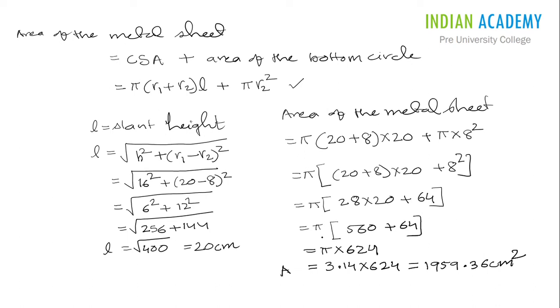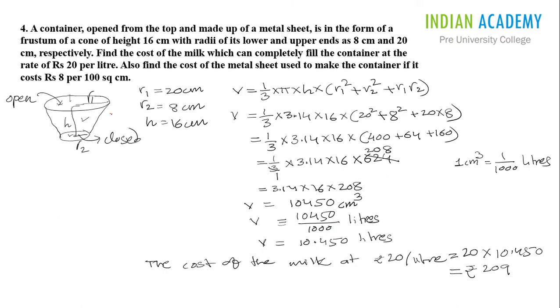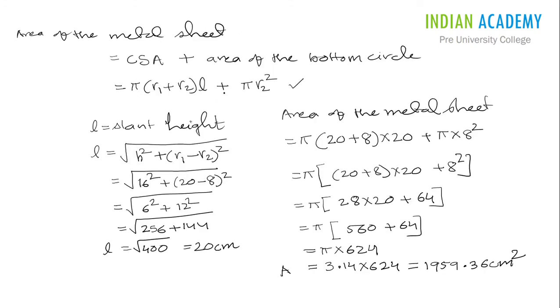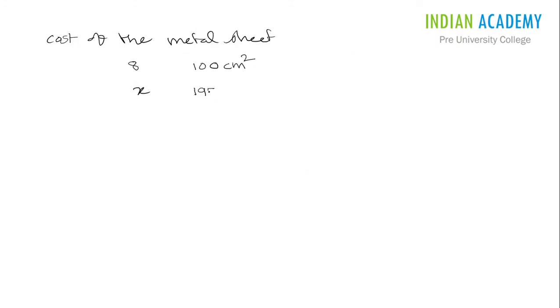Now we need to find the cost of the material at the rate of rupees 8 per 100 square centimeter. So we will have the cost of the metal sheet. We are going to find that. So 8 rupees for 100 centimeter square, so x rupees for 1959.36 centimeter square.